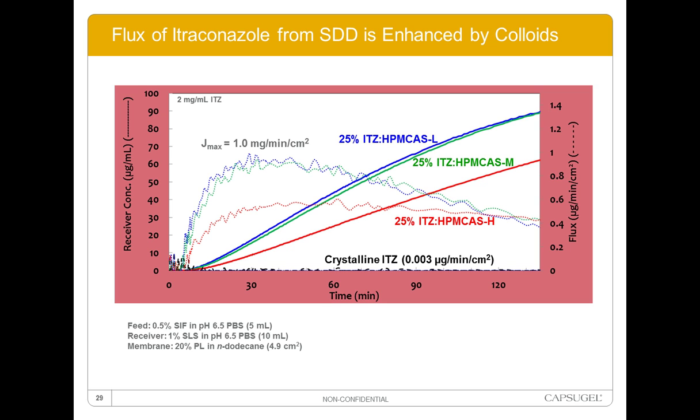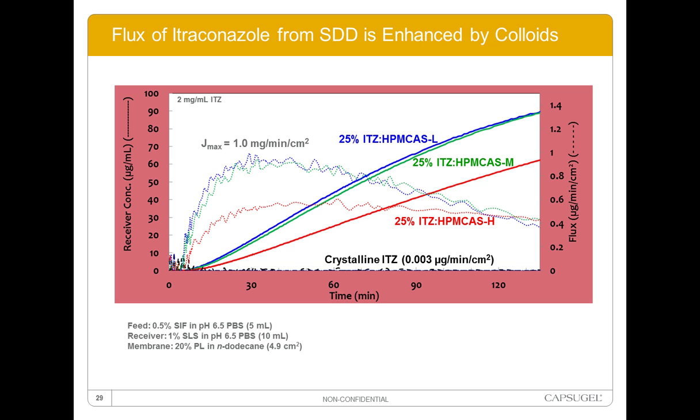And so here you can see that the amount of drug that's accumulating in the receiver is higher for the HPMCAS-M and L formulations than it is for the H formulation. And then the dotted line corresponds to the right y-axis, which is the flux, or basically the derivative of those solid curves.